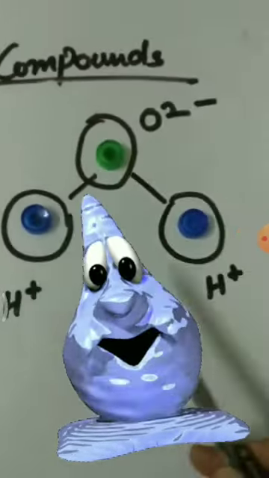Sulfur dioxide, this compound is formed by the combination of sulfur and oxygen elements. Calcium carbonate compound is formed by elements calcium, carbon and oxygen.